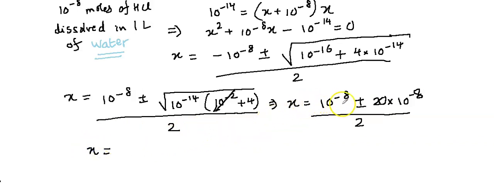Oh sorry, I forgot a minus sign here. Right. So x has to be positive, so I'm going to consider the positive sign alone here. So 20 minus 1, 19 into 10 power minus 8 by 2. Correct?